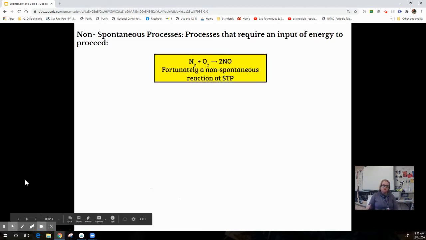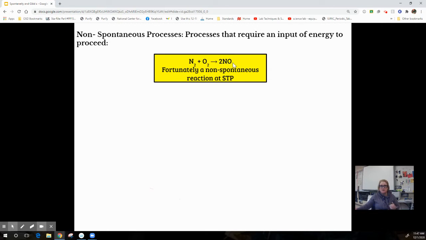Here's another non-spontaneous process, and we're going to refer to our atmosphere for this example. Our atmosphere is 70% nitrogen, 20% oxygen, and 10% other stuff. And we're really fortunate as human beings that the reaction of nitrogen gas plus oxygen gas will not immediately make nitric oxide, because this is something that's poisonous to human beings.